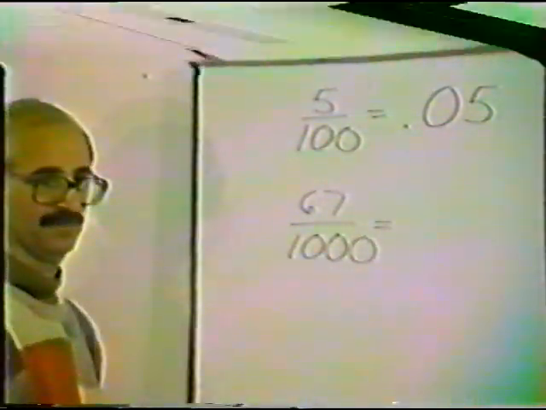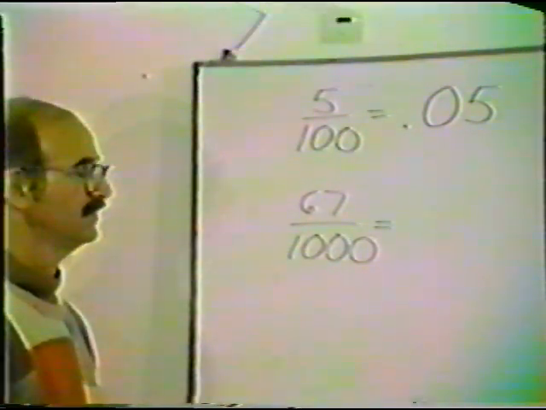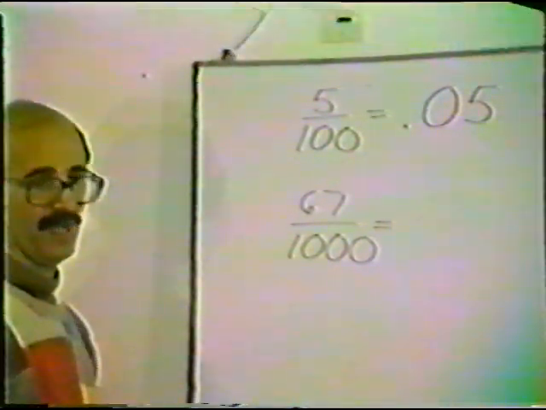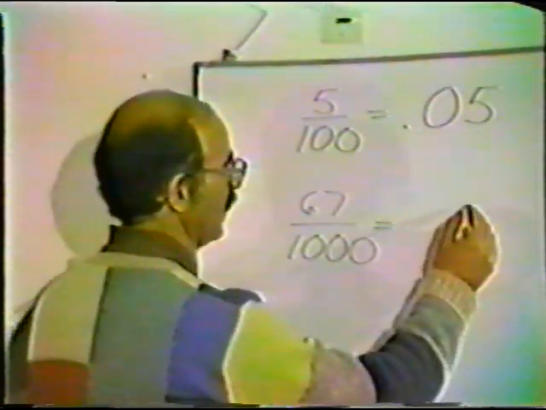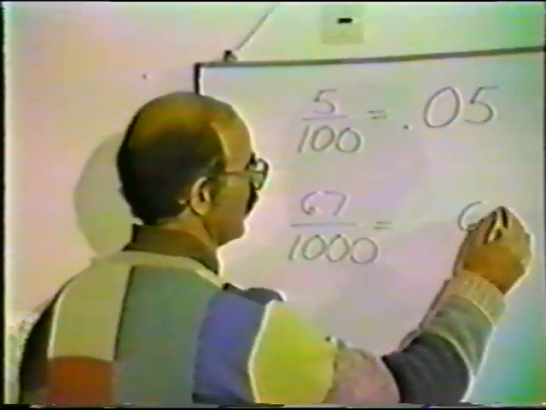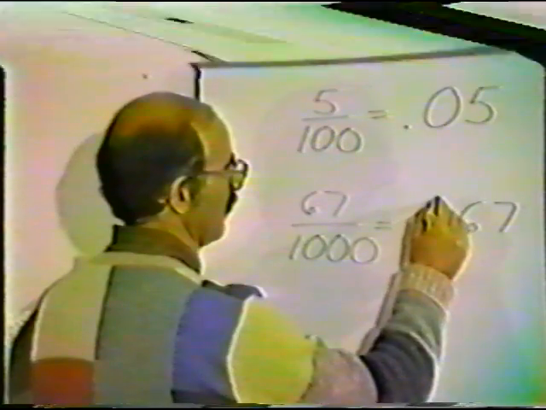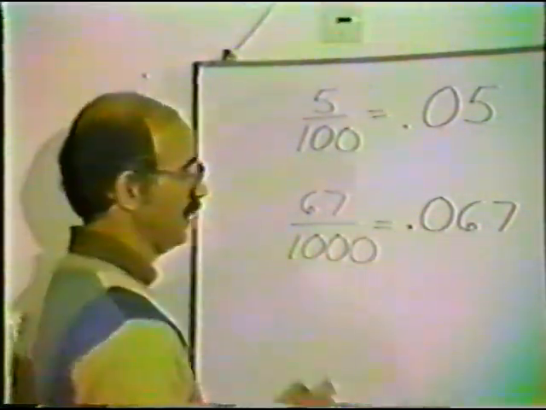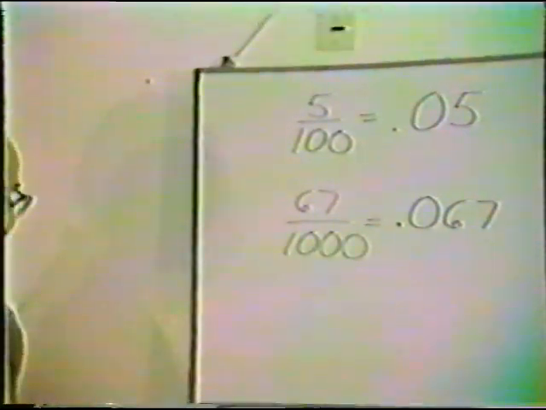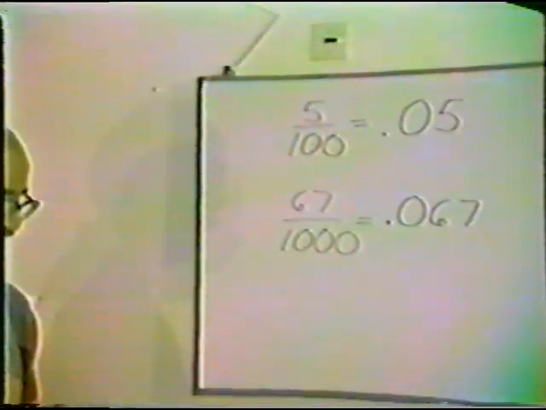Read that one. 67 thousandths. How many places? 3. And it has to end in the third place, so I have to put a 0 in front. 67 thousandths.